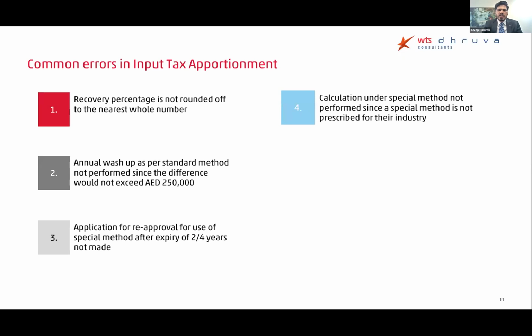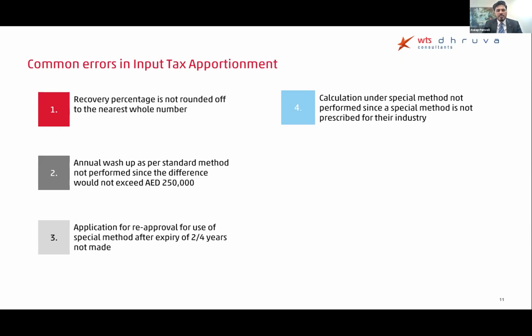The fourth one is calculation of special method not performed since it is not prescribed for an industry. So typically, we've seen that many businesses feel that, okay, I'm in the real estate sector or the education sector. Why should I use a method which is not prescribed? As in the special methods that are prescribed by the FTA are industry-wise allocated, and not for us. But that's not true.